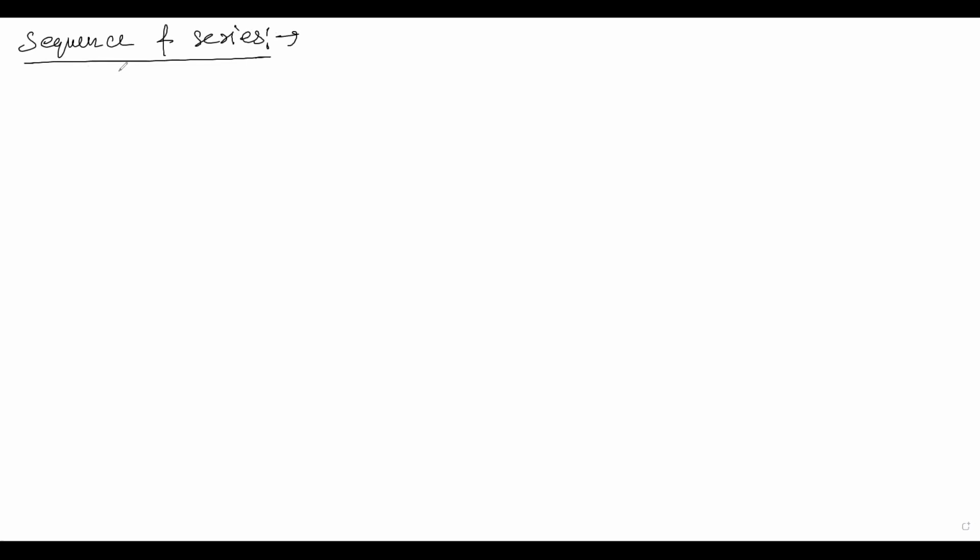So let's understand these two words first. What is a sequence and what is a series? Please tell me, what do you understand by sequence? You have heard it many a time, right? In your houses, with your friends, you have spoken about sequences.